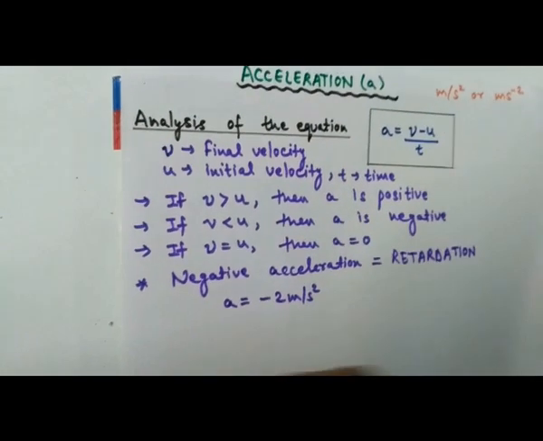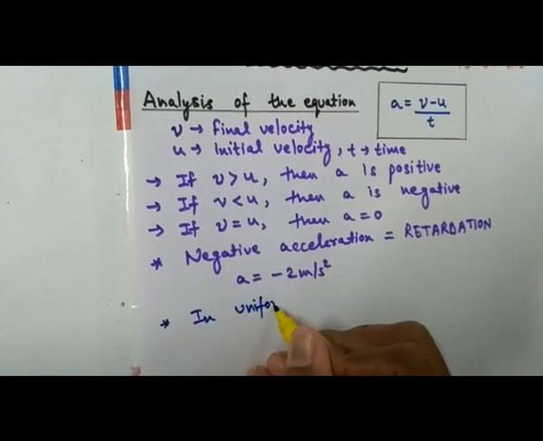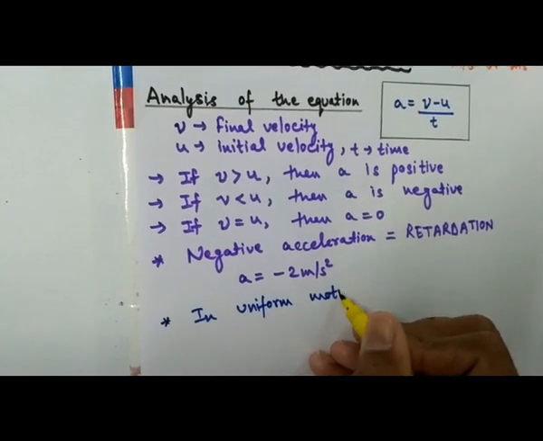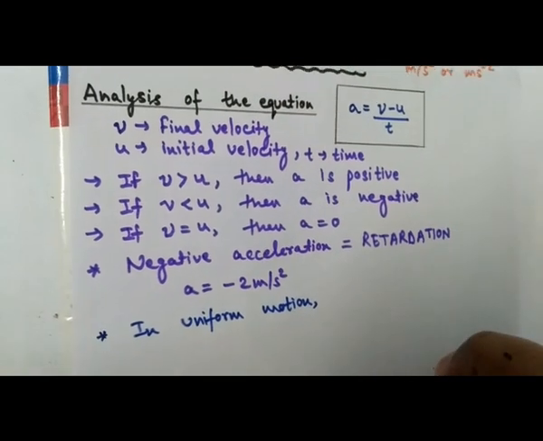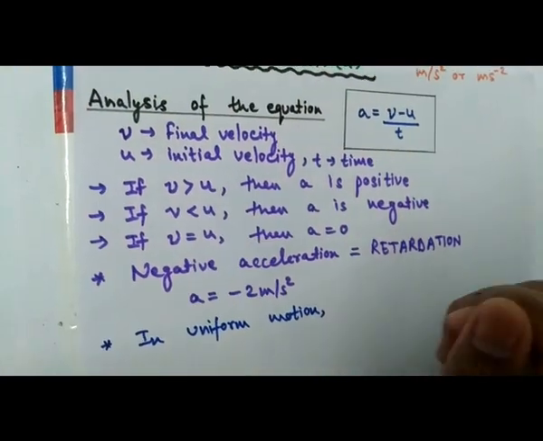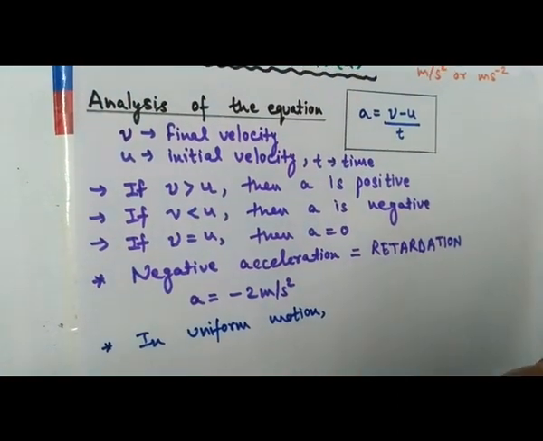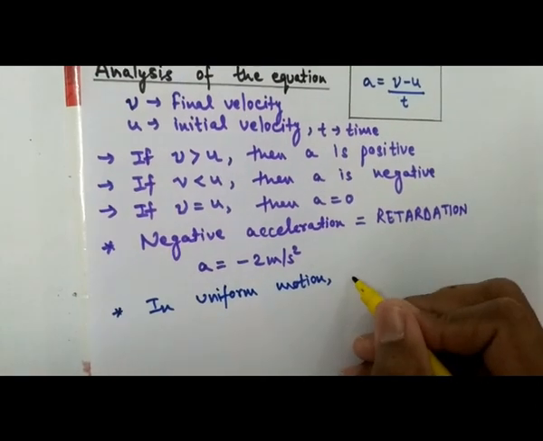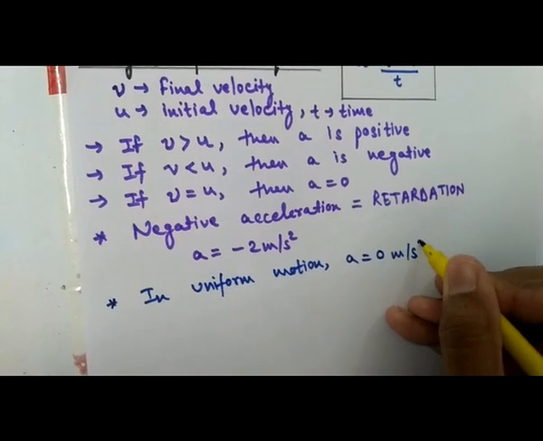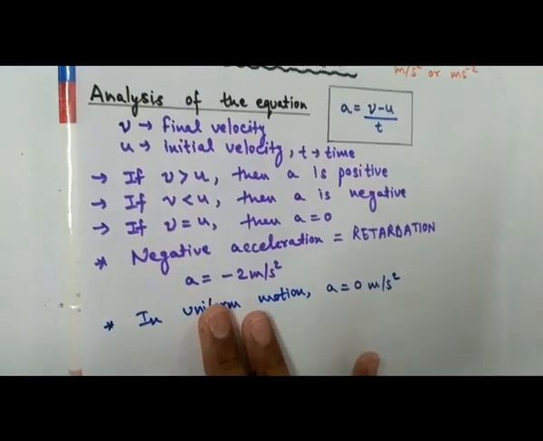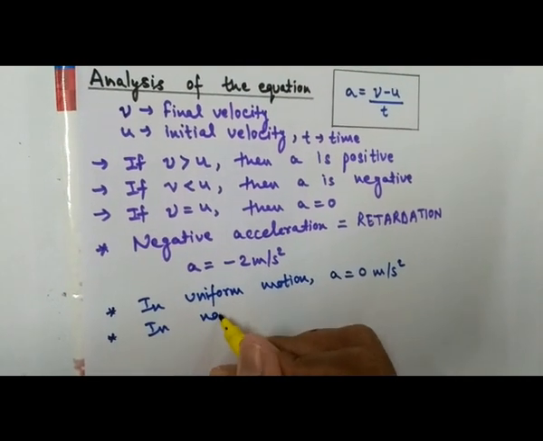If there is no change in the velocity, that means there will be no value of acceleration. That means the value of acceleration will be equal to 0 meter per second square, because velocity doesn't change in uniform motion.